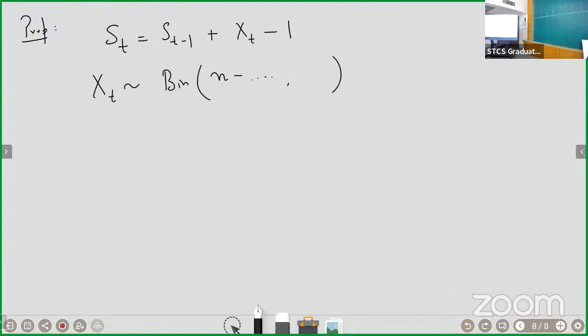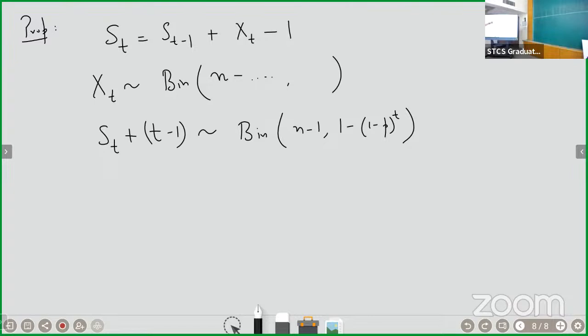But more interestingly, the process S_t is equal to a binomial with parameters n minus 1 and 1 minus (1 minus p) to the power t. That was the interesting part, that unconditionally, this is how the process is working. If you remember your notation, you'll get everything correctly.